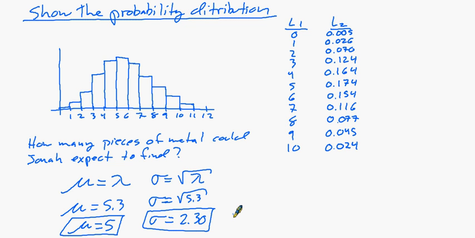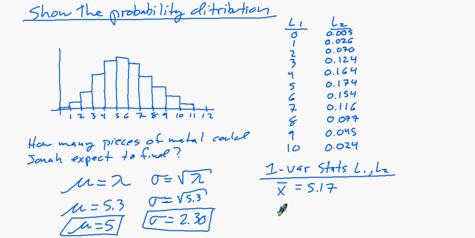An interesting issue is what happens if you use 1 var stats to try and get your expected value and standard deviation? Well, you end up getting 5.17 about, and this is 2.13. They're different.